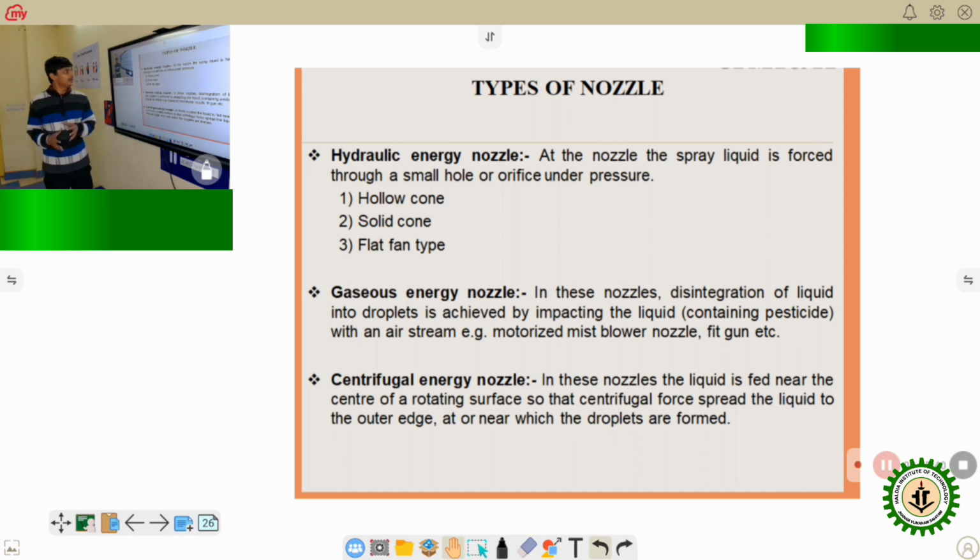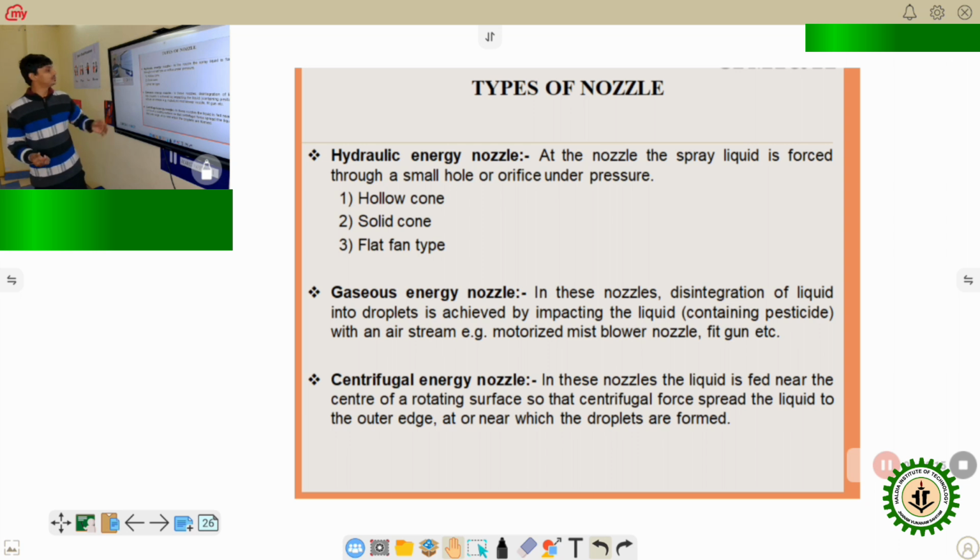Now we come to the types of nozzles. There are different types of nozzles, which cover different areas, that is, the swept area we call, and this area can also reduce or increase. On the basis of hydraulic energy, we have different types of nozzles.